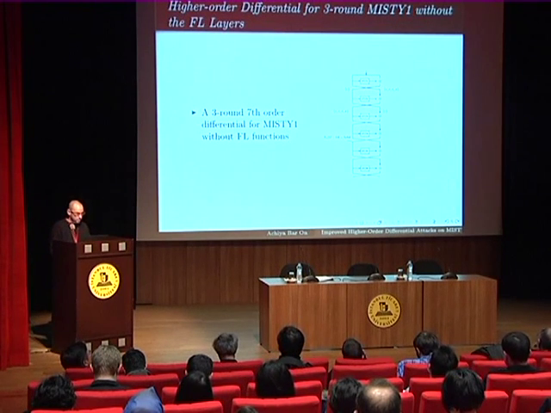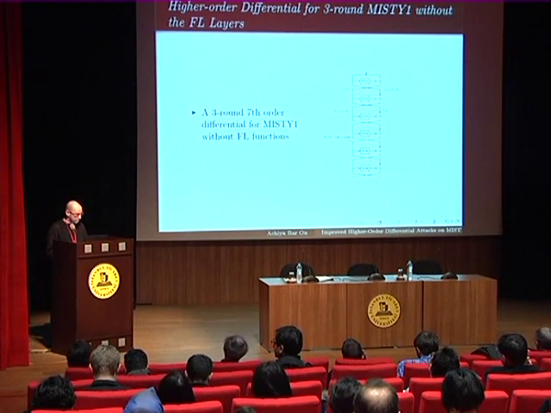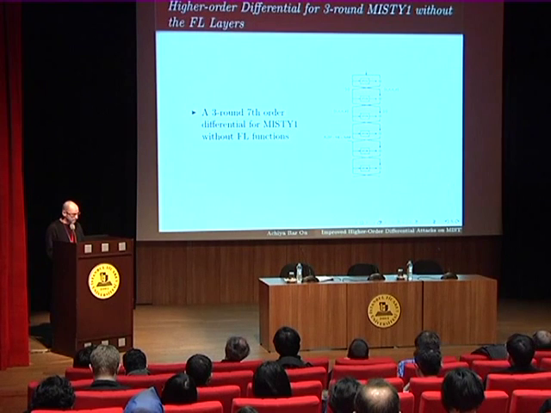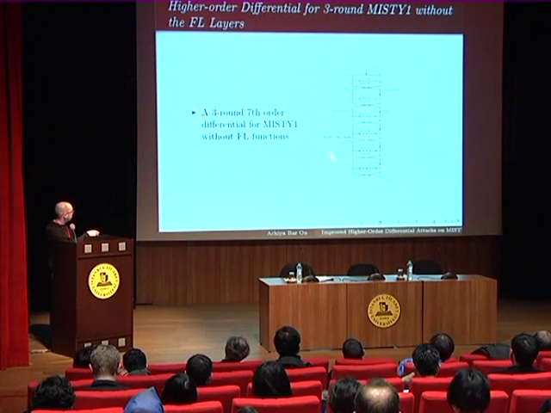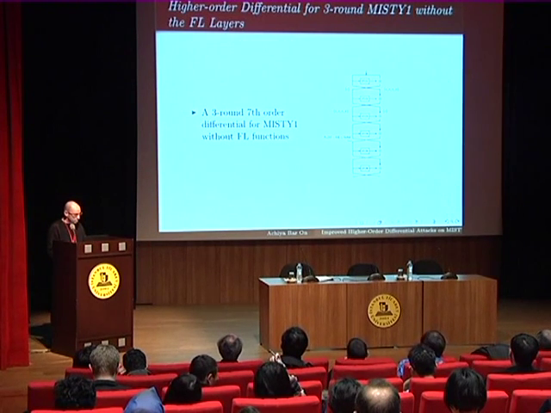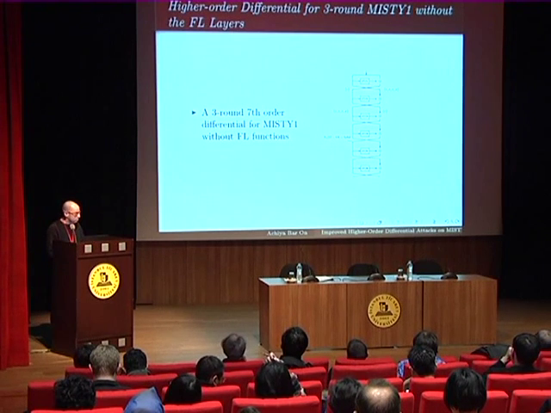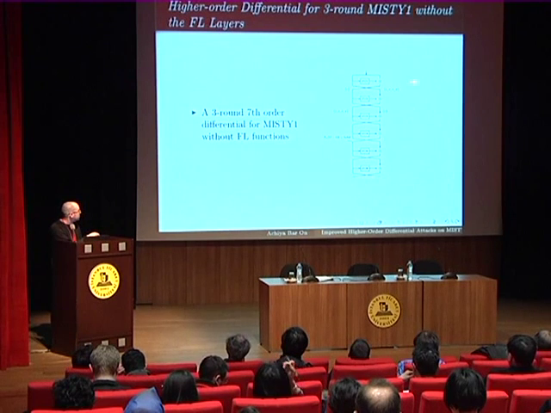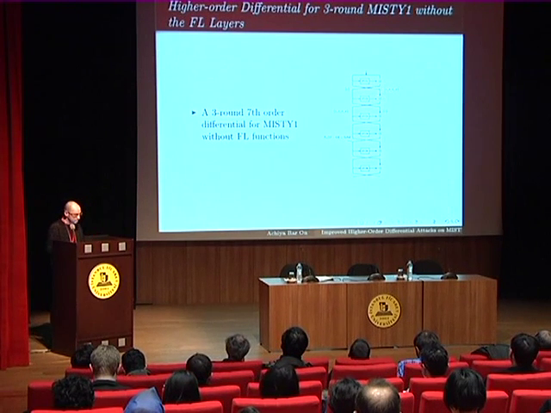So the previous attacks on MISTY1 are composed of a series of observations. The first one is that the 7th order differential covering 3 rounds of MISTY1 without any FL functions, that is presented on this slide, can be constructed like that. If we construct a structure of size 2^7 messages that covers all possible values for bits 0 to 6 here, this division is of 7 bits and 9 bits.